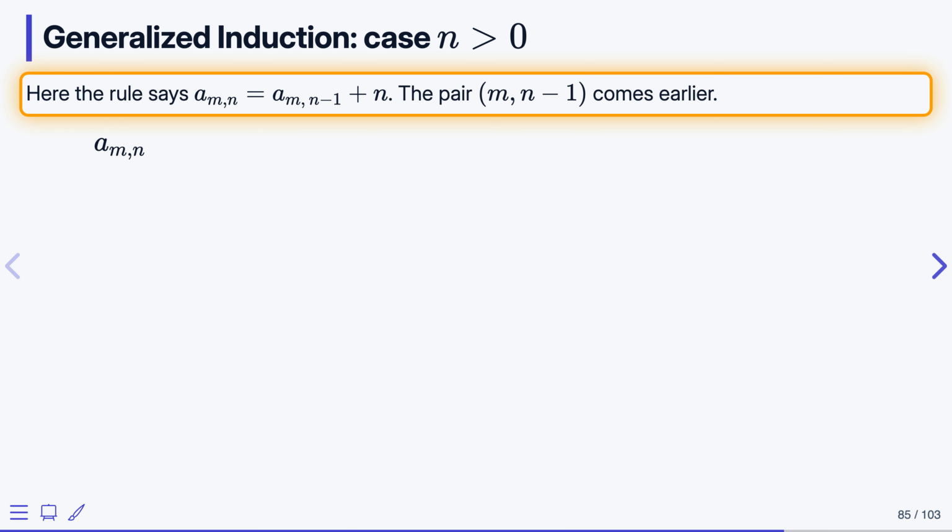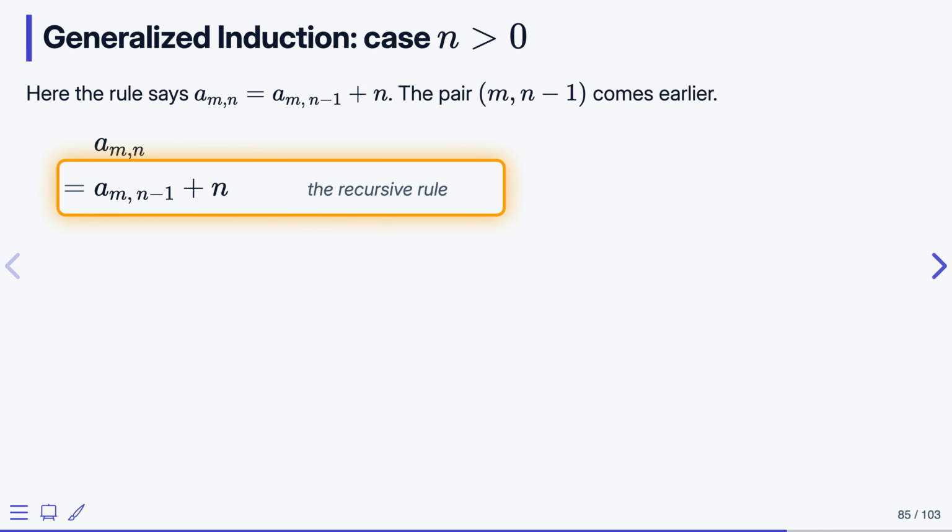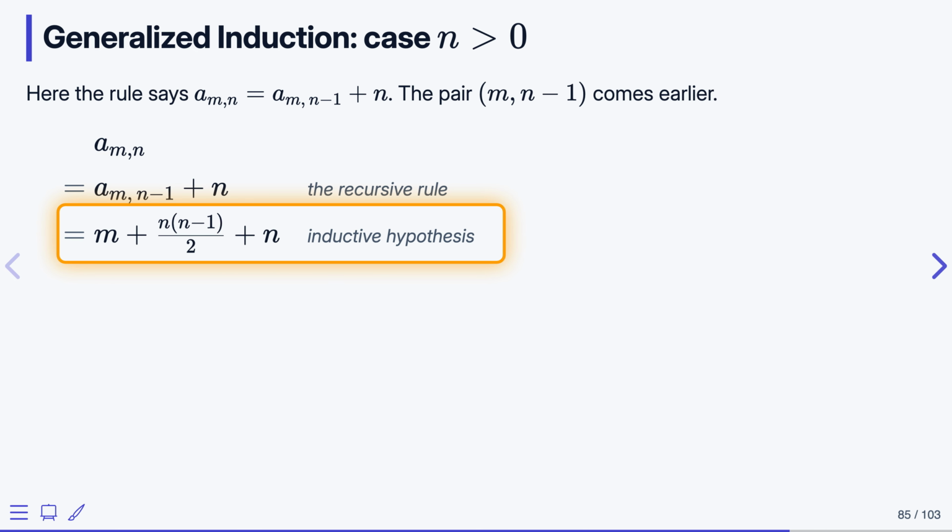Now the second case. Here n is bigger than 0, and the pair m, n minus 1 comes earlier. We start at a sub-m,n again. Step 1. The rule says a sub-m,n equals a sub-m,n minus 1 plus n. Step 2. The hypothesis applies to that earlier pair. Put its formula in.